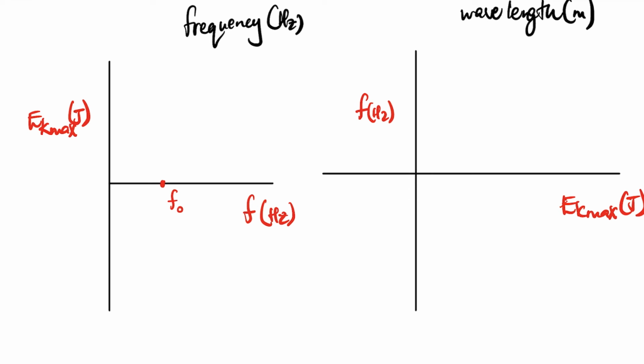So in this metal, if you are increasing the frequency, using a different light on the metal, you get a different kinetic energy.